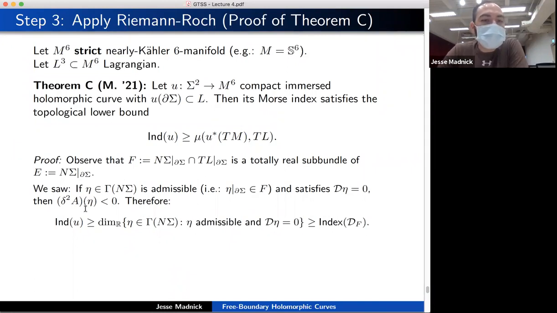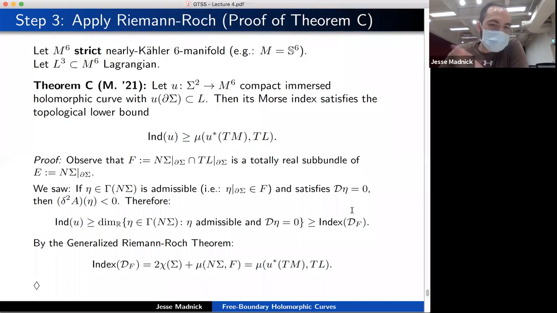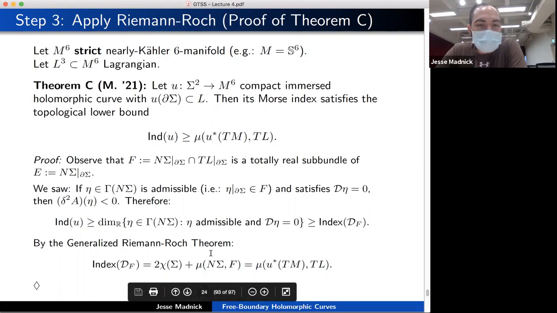So the Morse index must be at least the dimension of the kernel, the number of admissible holomorphic normal vector fields. This is the dimension of the kernel of D_F, and that's at least its Fredholm index. So now just apply the generalized Riemann-Roch theorem to compute the Fredholm index, and this is the number you get.